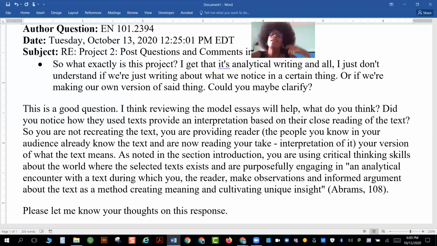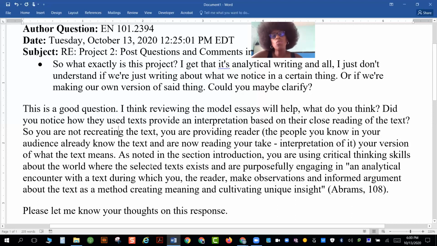So as noted in the introduction to part 2 of our book, it tells us that wrestling with the text means you are using these close reading skills and also critical thinking skills about the world where this selected text exists. So we already bring some sort of knowledge to what's going on.